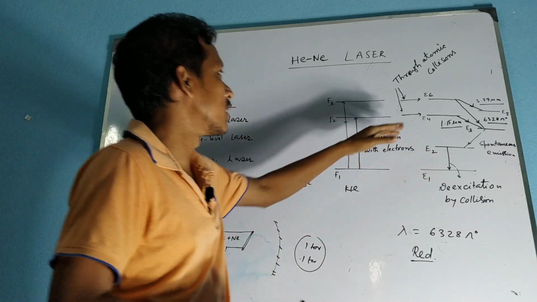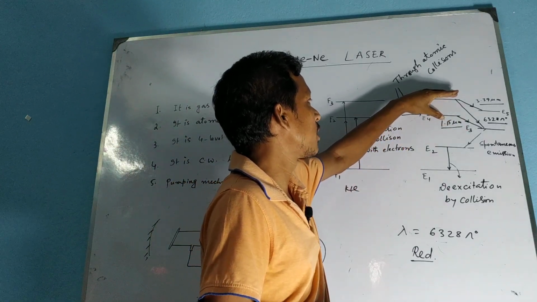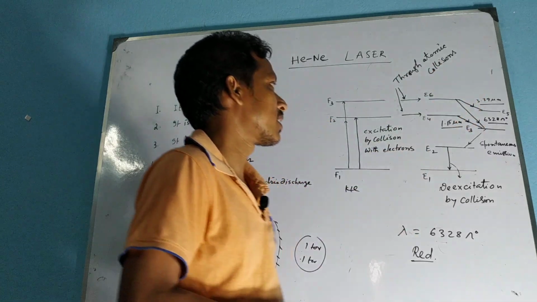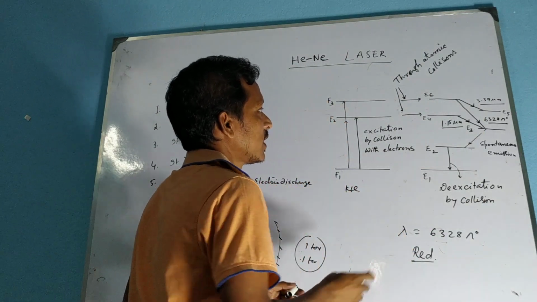Since E6 and E4 are the metastable states of the neon atom, population inversion exists between the states. So here lasing action takes place, and there are 3 possible laser transitions.